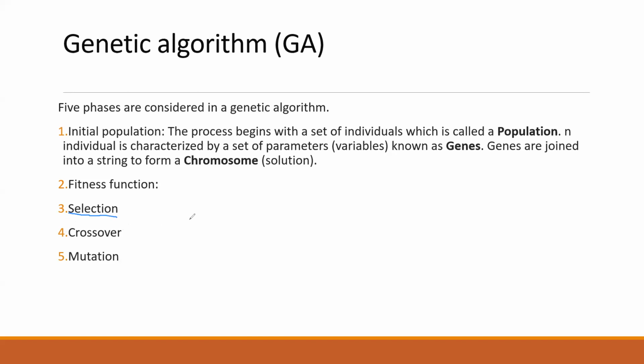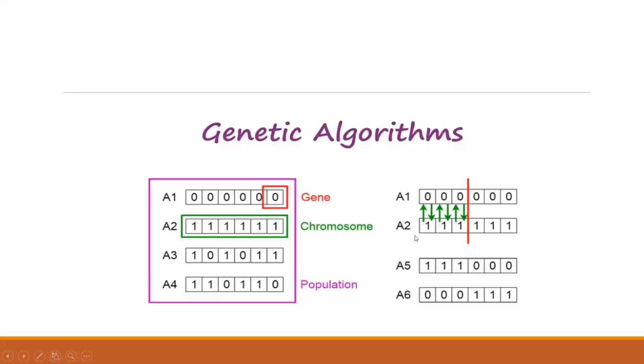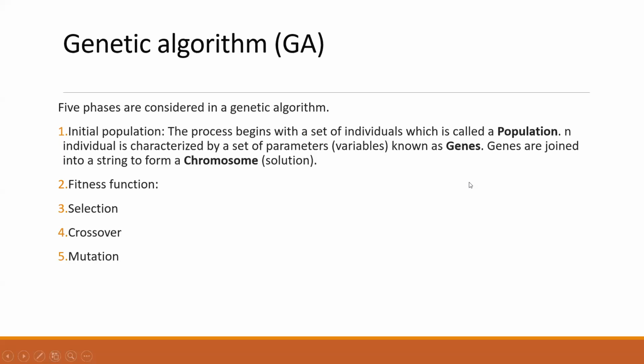Now, crossover. What is crossover? This is crossover: we are crossing the bits of one chromosome with the other one to generate new offspring. This process is known as crossover. Next, we have the mutation.